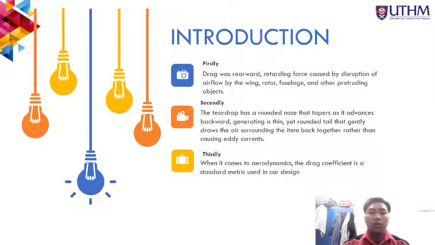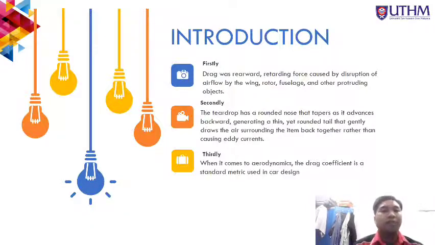So for the introduction, firstly, drag is a rearward retarding force caused by disruption of airflow by the wing, rotor, fuselage, and other protruding objects. To apply the drag car, we need to understand the concept of drag and how it functions.